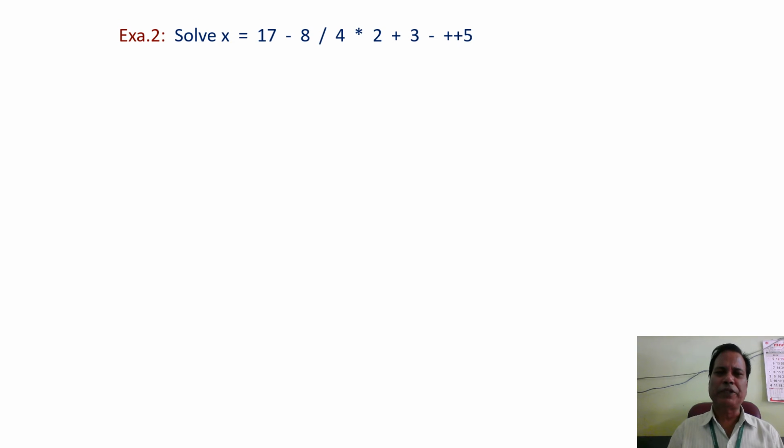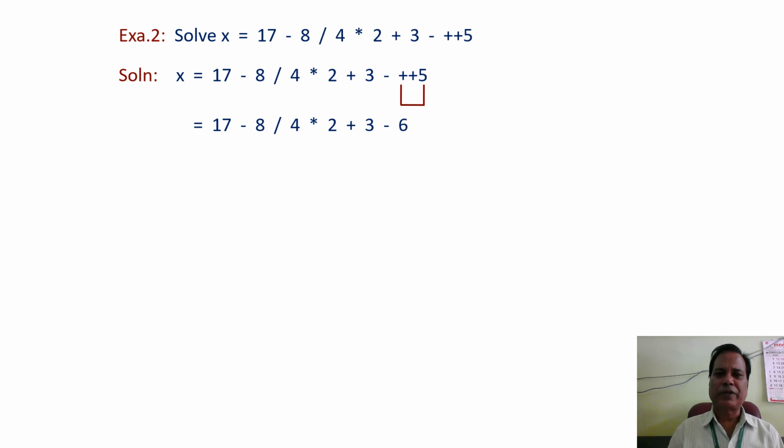So while solving this one, we have to solve the operator having the highest priority. So in this expression, first we have to increment the value of 5. That results in 6.